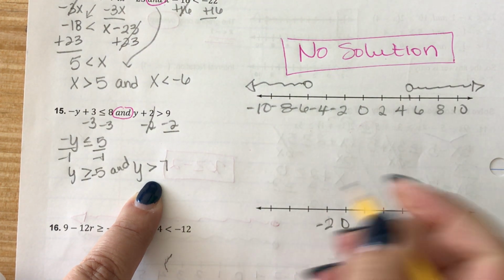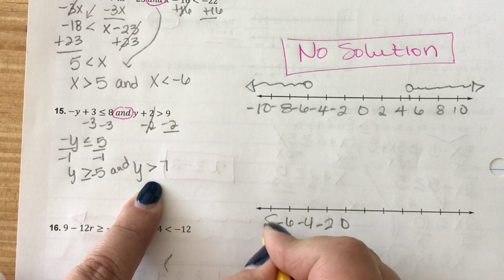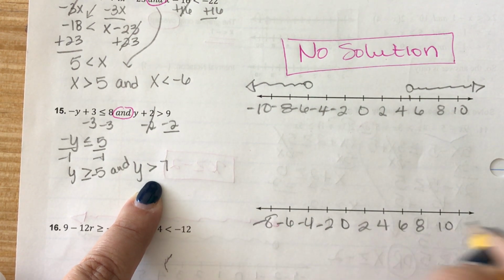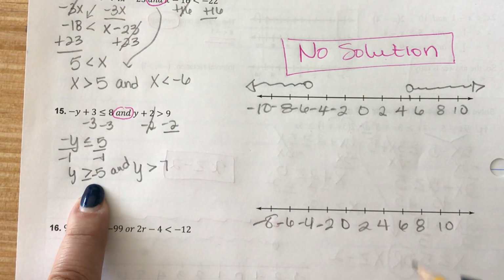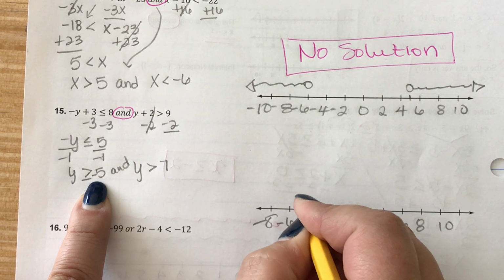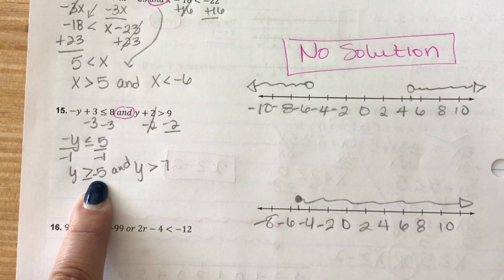Okay, so it'll have to look like that. And then 2, 4, 6, 8, 10. Okay, that should give us enough space. All right, so when we graph each one, these are the y's that are greater than or equal. That's right here in the middle, greater than or equal. So those would be those solutions.